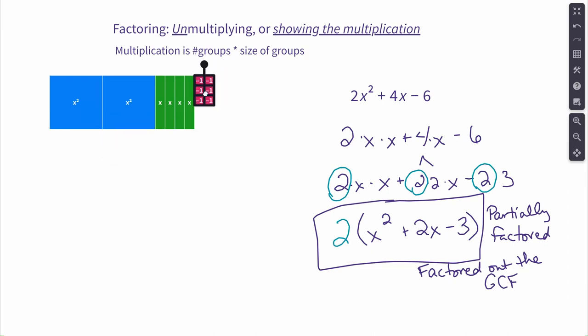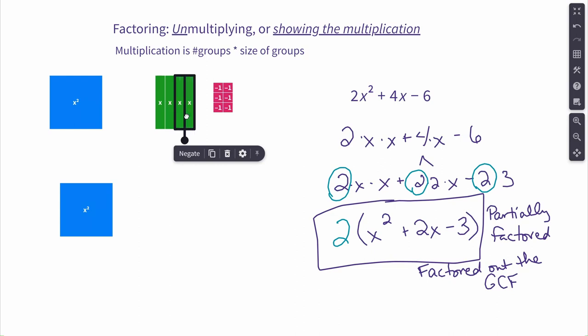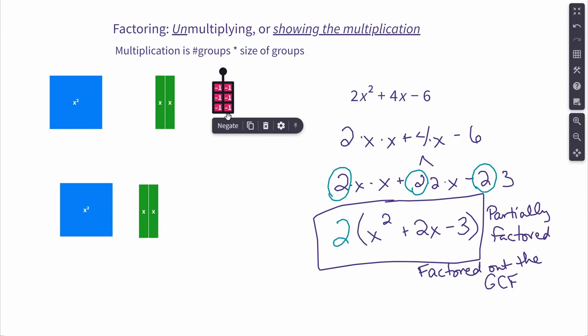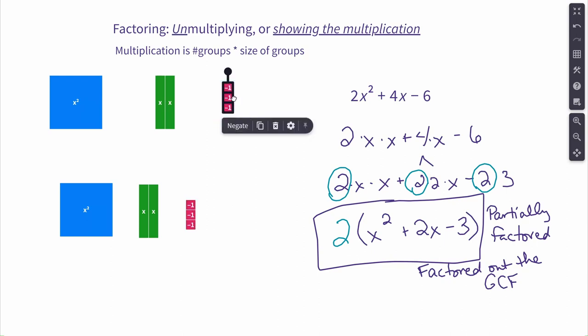We're not going to find any way of making a rectangle with those x squareds and those minus 1s together. So what we want to look at is this idea of multiplication being a number of groups times the size of the groups. And if I split this, and the clue here is that I found the 2 common to all of those, I have 2 identical groups.